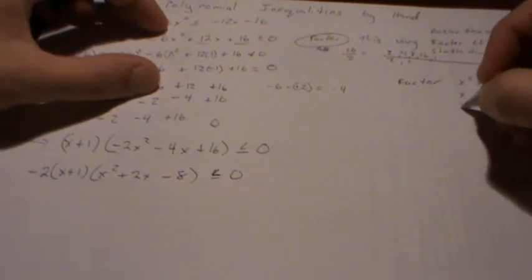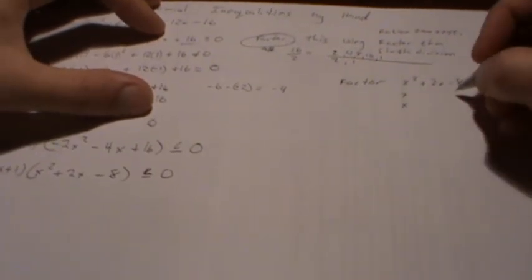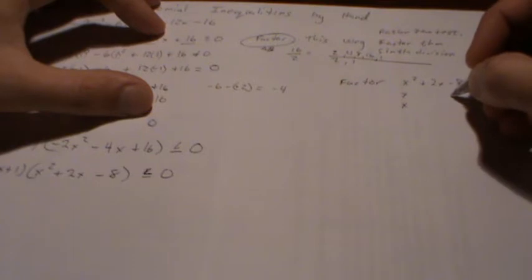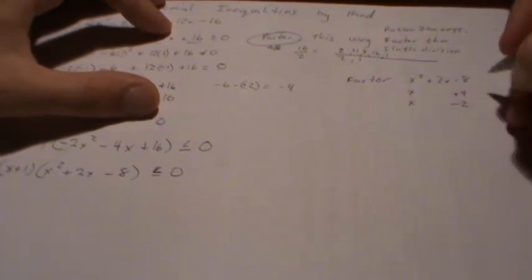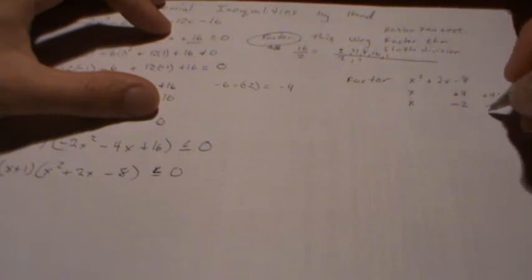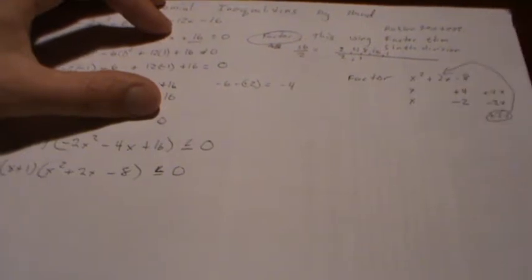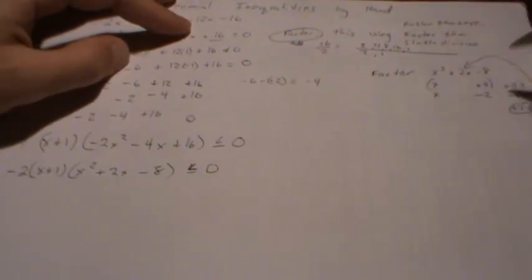Now I'll just do this the classic way. x times x is x squared, and a positive 4 and a negative 2. Because an x times a negative 2 is a negative 2x, and an x times a 4 is a positive 4x. If I add these up, I get a positive 2x, which happens to be equal to that.